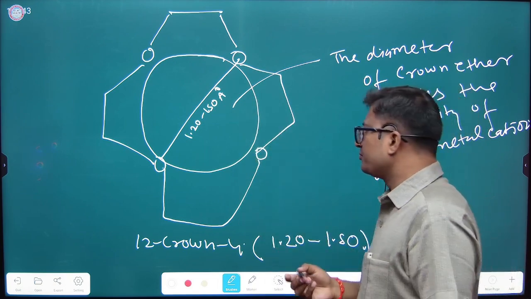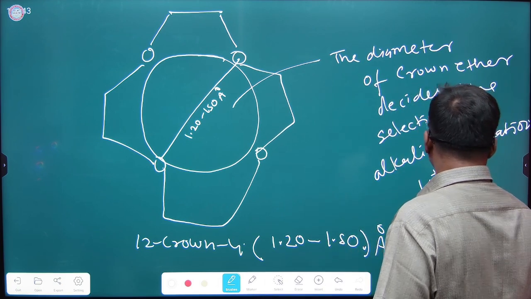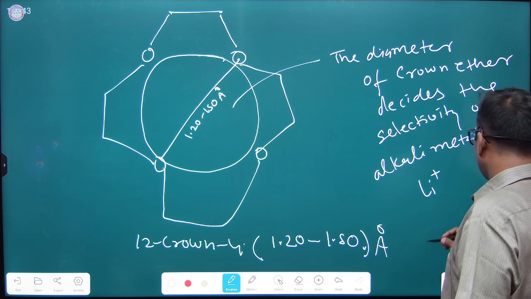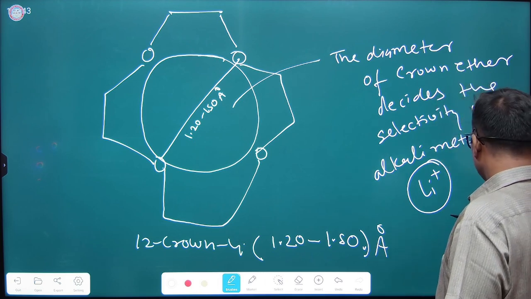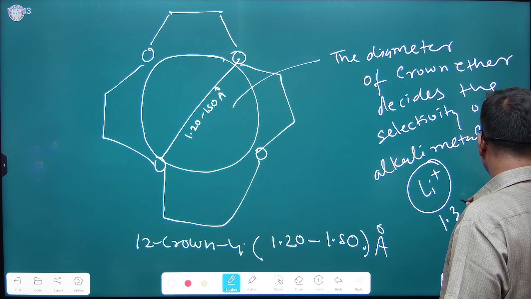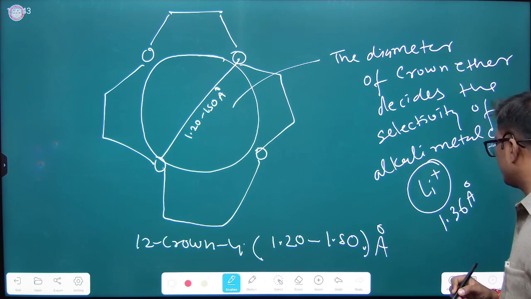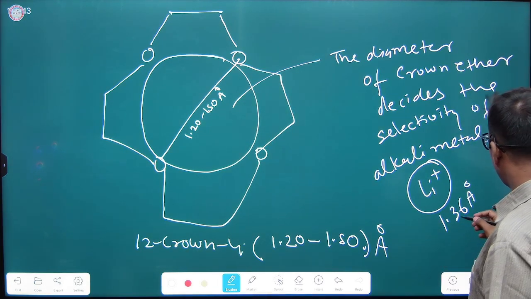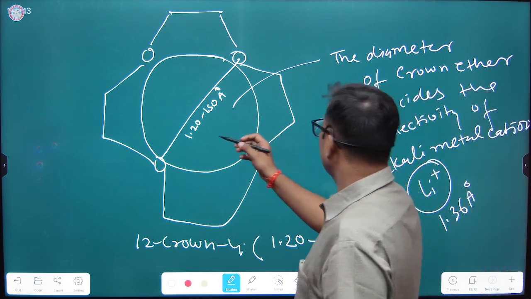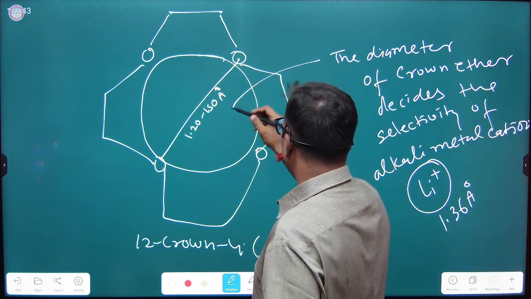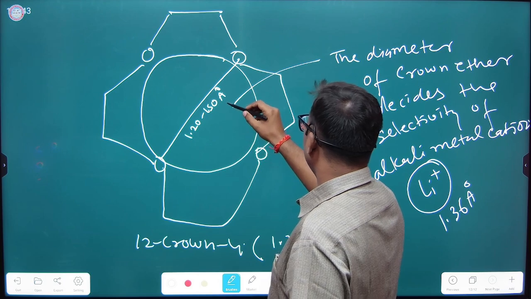Suppose there is Li plus, an alkali metal cation which has a size of 1.36 angstrom. It can be accommodated in this host because 1.36 lies between 1.20 and 1.50 angstrom.